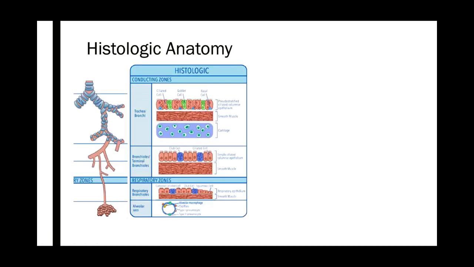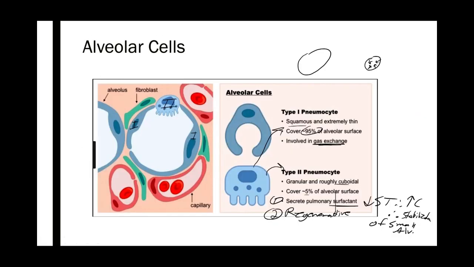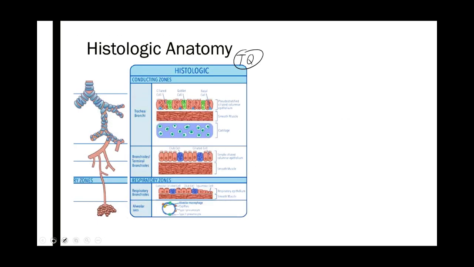Histologic anatomy. This is so annoying, but I would recommend drawing this out or something so that you know the different characteristics of each zone. There'll probably be some type of test question on this. Oh yeah, and also definitely a test question over that. So in the trachea and bronchi, and I put a picture here beside it to keep you oriented, you have cilia, goblet cells, basal cells.